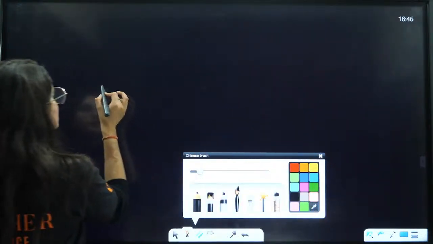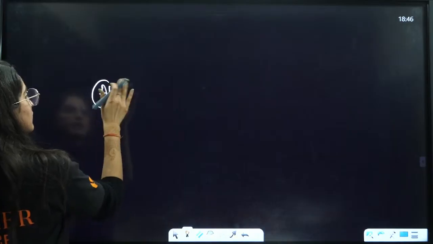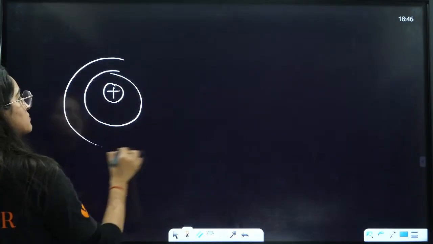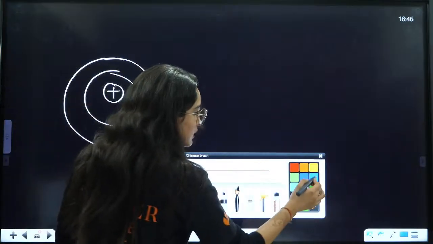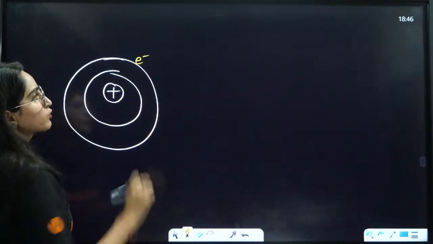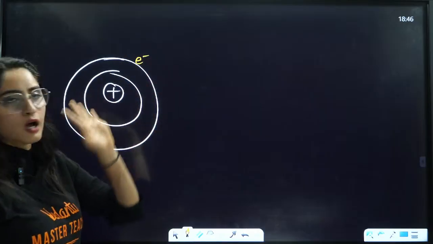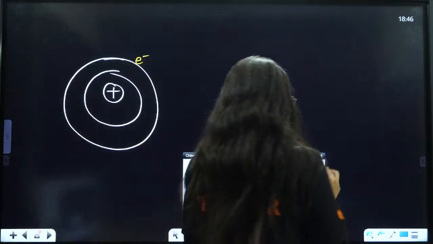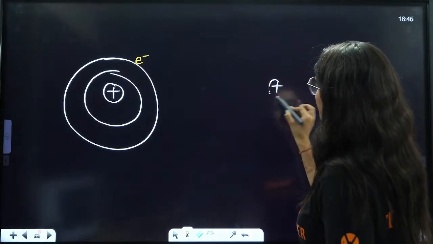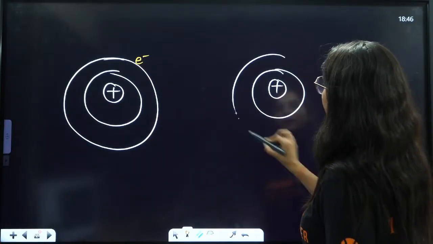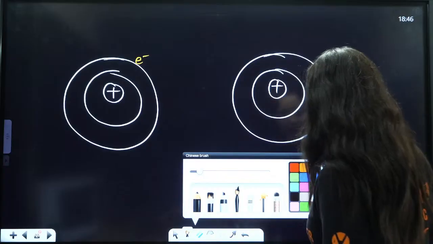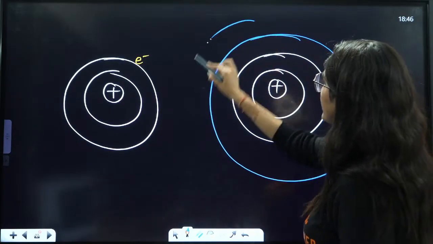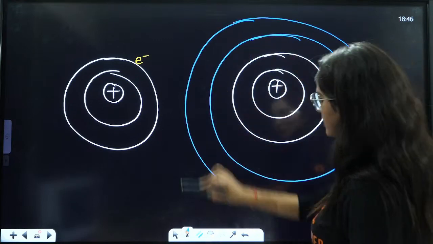For example, this is your aluminium. I'm just taking a random example here. So this is the outermost electron, this is your parent, this is the outermost electron. So when we add the d electrons here, this is the nucleus, these are your siblings, this is the friend that you rely on, and this is you.